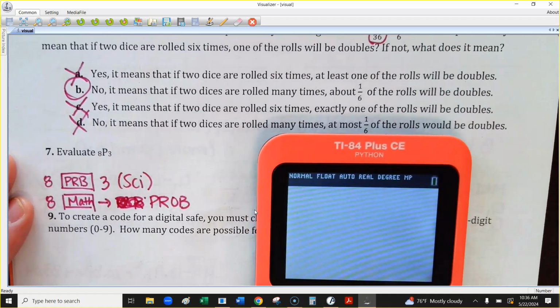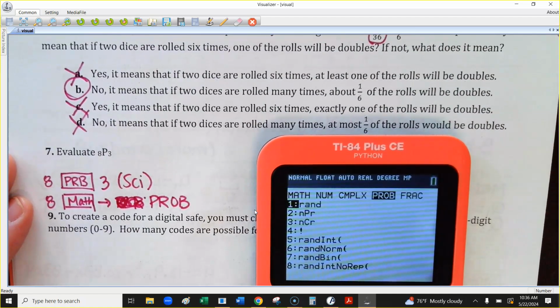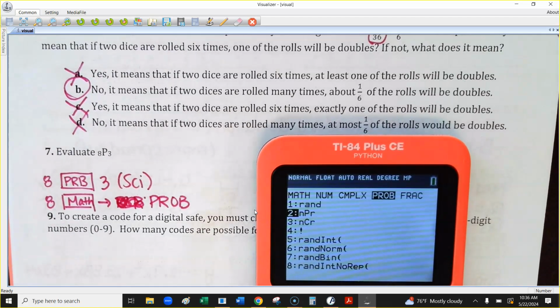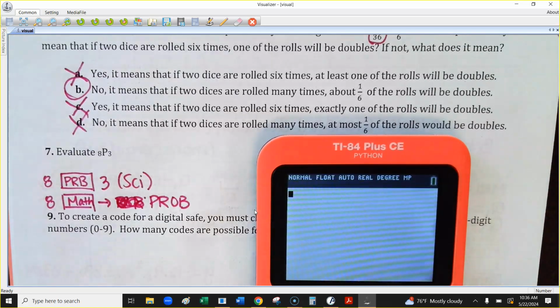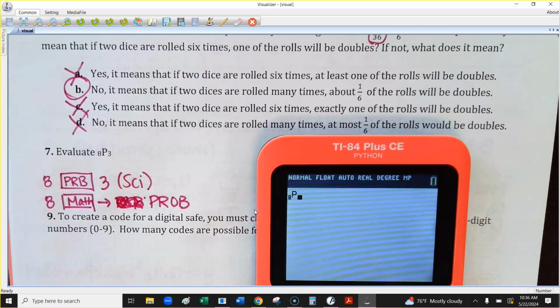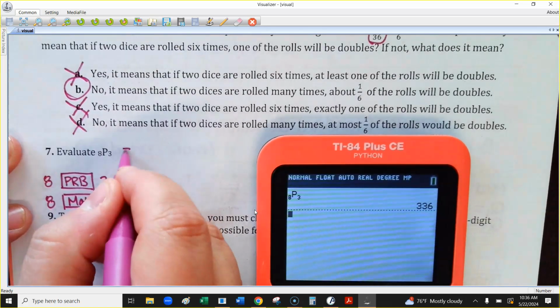If I just do math, arrow over to probability, the permutation is the P, the combination is the C. Scientific calculators have that too. Let me go back to the main screen real quick. So I'm going to do 8 math, and then if I want permutation, I just pick the nPr, and then fill in the second number. So this should be 336.